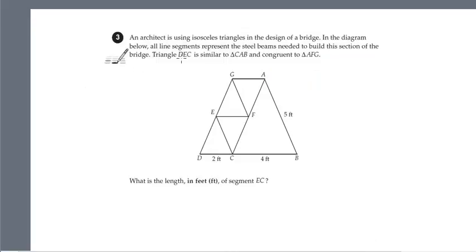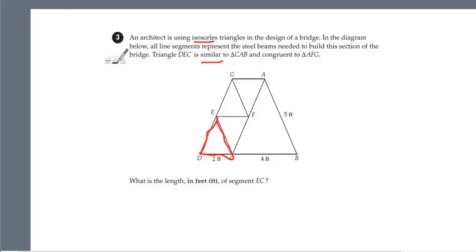Okay, so number 3, an architect is using an isosceles triangle. So we got to remember isosceles triangle, two sides are going to be the same. In the diagram below, all line segments represent steel beams needed to build this section of the bridge. Triangle DEC is similar to CAB.